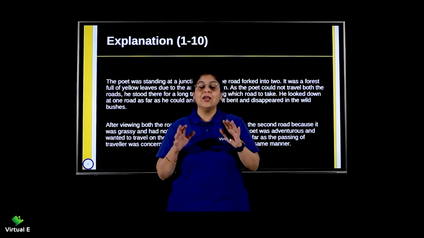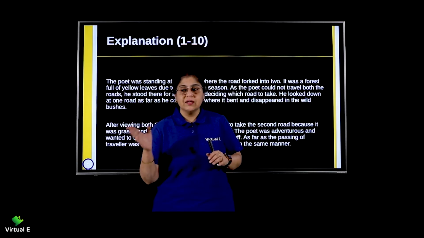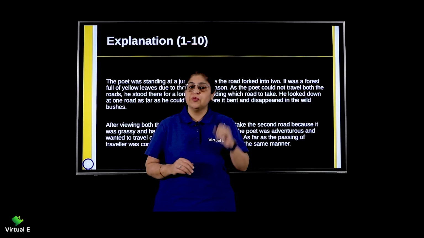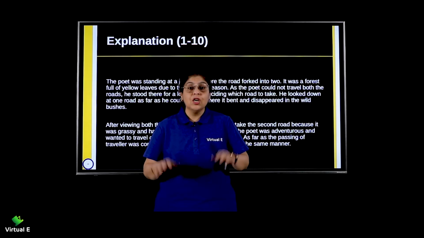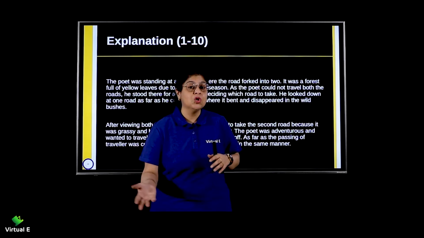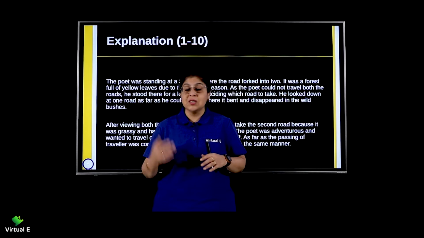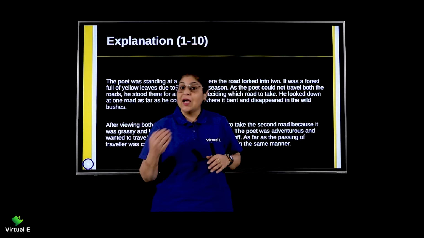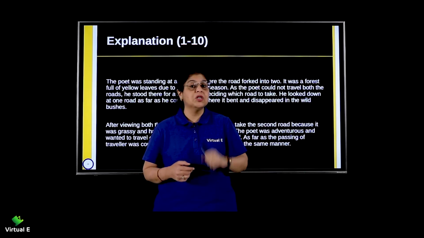So you stand there, you keep thinking, you keep analyzing that should I take this option A or option B? What would suit me better? You think over it, you realize what are the pros and cons, what are the advantages and disadvantages if I take option A, and what are the advantages and disadvantages if I take option B.